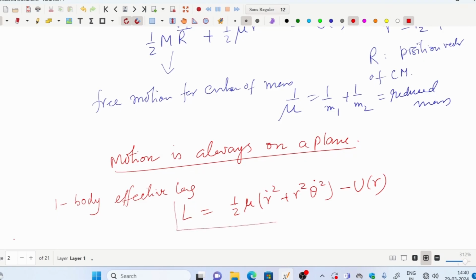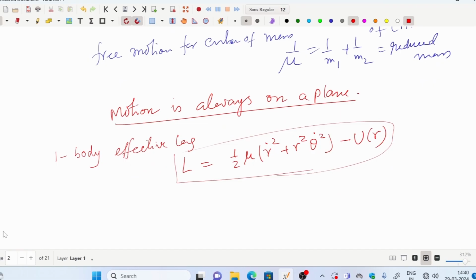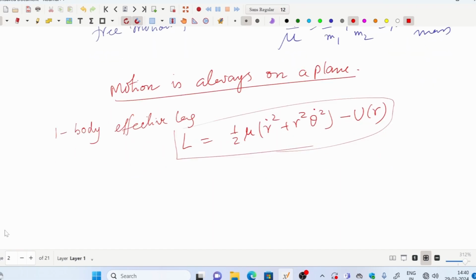So, this was our Lagrangian, and immediately we observe a few important consequences. First of all, theta is cyclic.